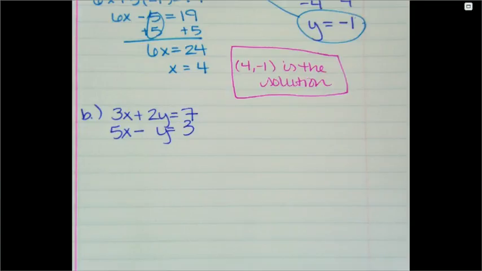So I want you to decide right now what you think you need to multiply by and go ahead and write it on the outside. So decide which variables you're going to cancel. That will determine which one you're going to multiply by.